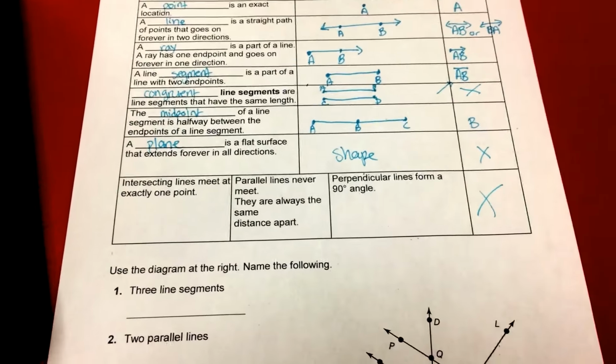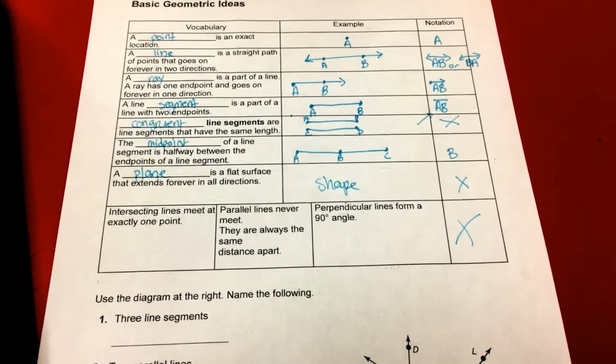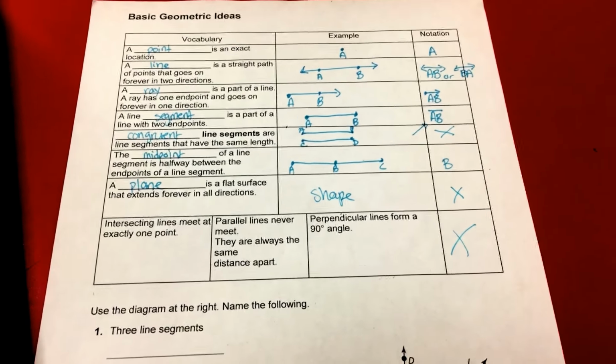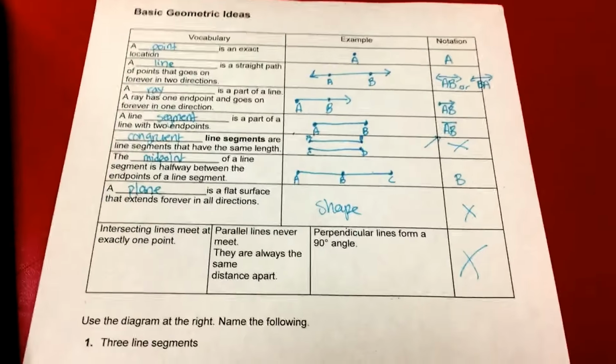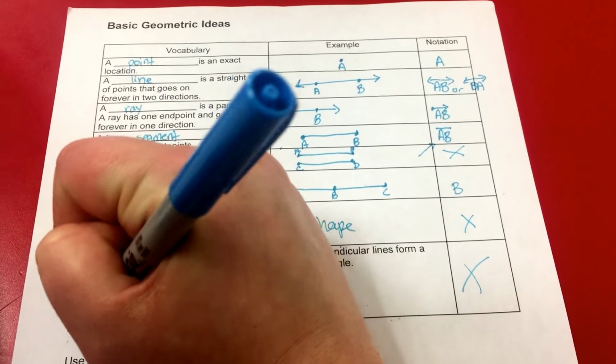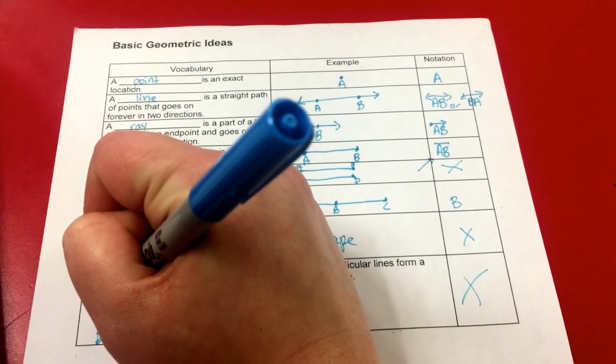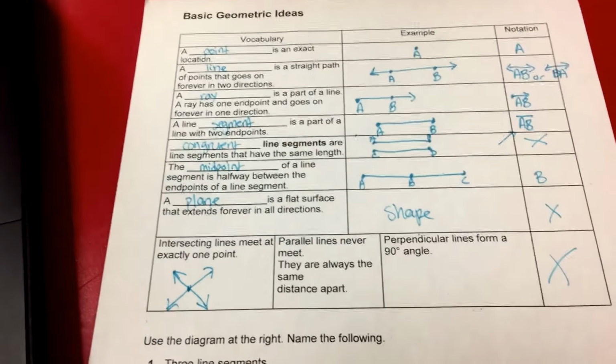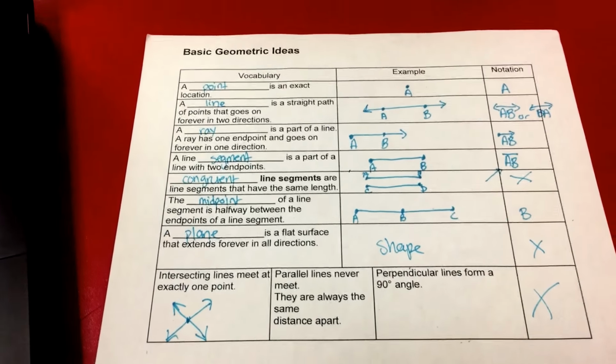We're going to write down some intersecting lines. You guys should know intersecting because of intersections in a highway or a street. It's where two streets come together. Intersecting lines are lines that meet at exactly one point. Something like that, where they only intersect at one point. Parallel lines never meet.